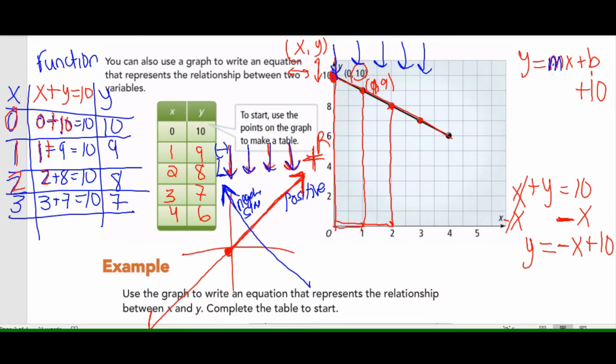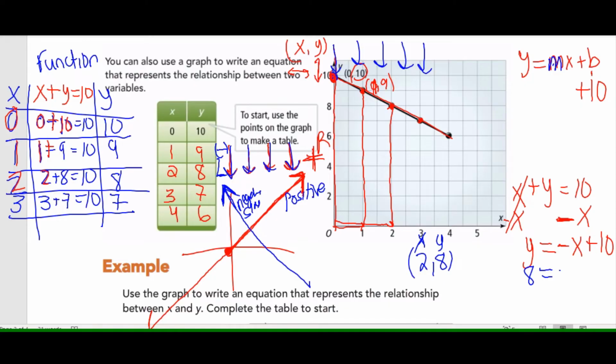So you can actually check to see if this equation is correct by substituting the ordered pairs back into the equation. So let's check for 2, 8. So this is our x coordinate, this is our y coordinate. Remember, x comes before y. So I'm going to put 8 in for y, which is 8, and then I'm going to put my equal sign.